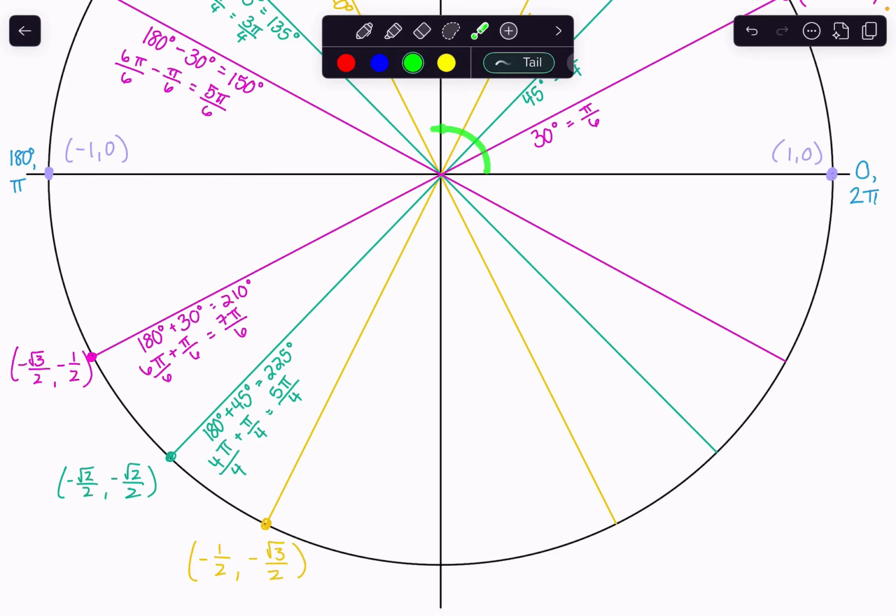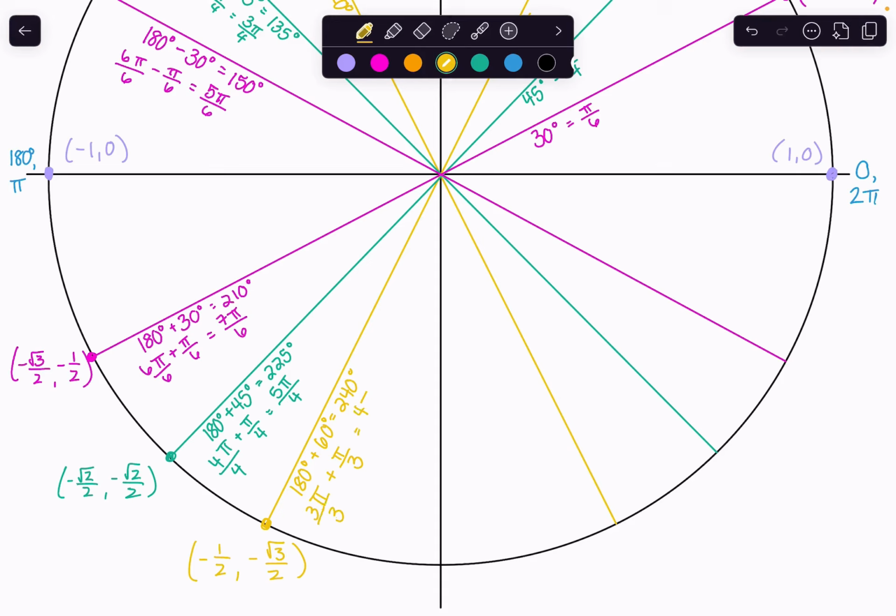And then our last angle, we go pi plus 60 degrees or plus pi over 3. So from 180, we go forward 60. This would give us 240. Or starting at pi, that would be plus pi over 3. And then again, make this with the same denominator.